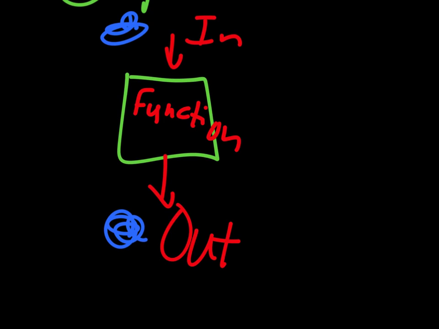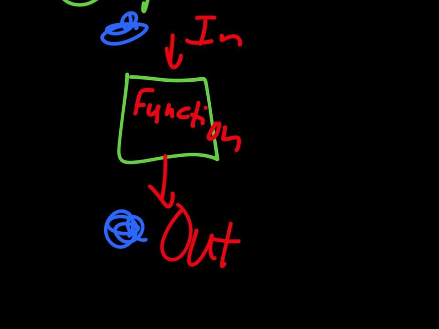We can't have a 3 go in and we get a 5, and then another 3 go in and we get a 1. Okay, it doesn't work that way. If we have a 2, we're going to get a 6. If you put another 2, we better get another 6. If you put another 2, we should not get a 3. Okay, that is not a function. That is the point here.